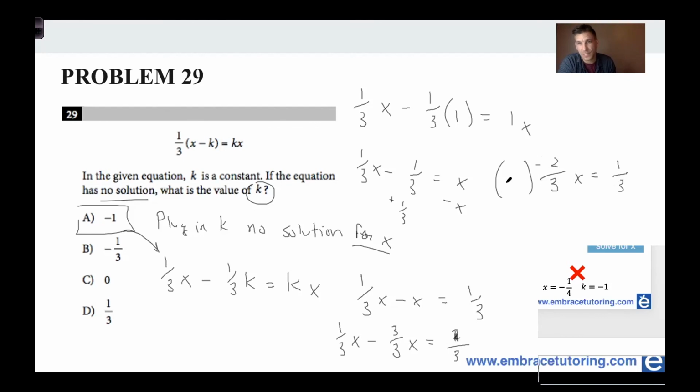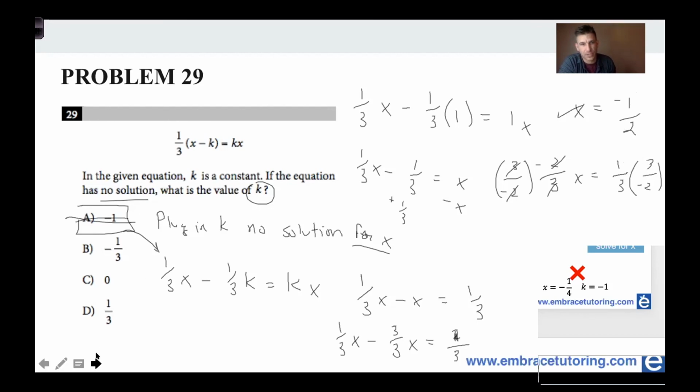So I multiply by 3/2. These cancel, and then I do 1/3 times 3/2. 1 times 3 is 3, 3 times -2 is -6, so I get 3/-6, which gives me -1/2. Because I can solve for x, it means that this won't work.